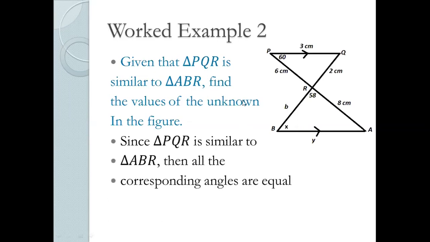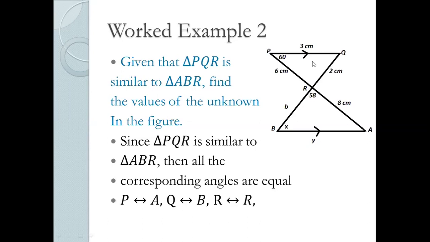As we are saying that triangle PQR is similar to triangle ABR, all the corresponding angles are equal. First, we will write the corresponding vertices. If you look at the triangles, P corresponds to A, Q corresponds to B, and R corresponds to R because this is a common vertex.